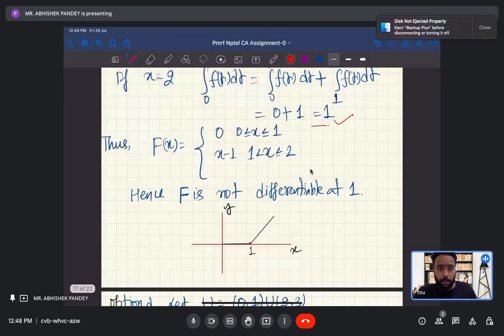So our capital F will have the final form: 0 when x is greater than or equal to 0 and less than or equal to 1, and x minus 1 when x is greater than 1 and less than or equal to 2. Hence capital F is not differentiable at x equals 1, because from the graph you can see that at x equals 1 it is not differentiable.